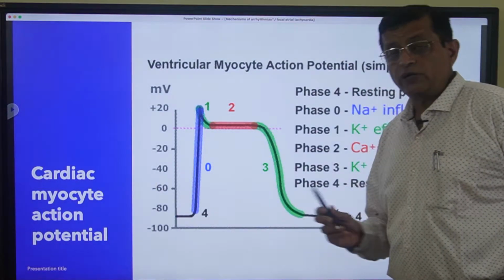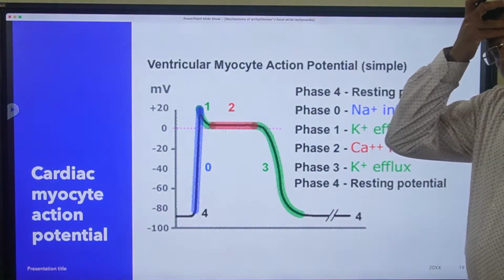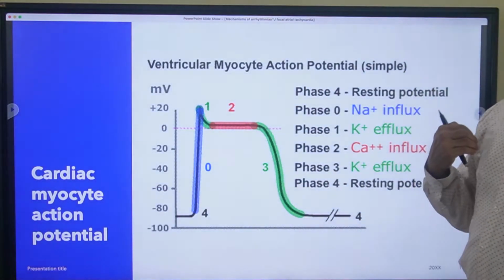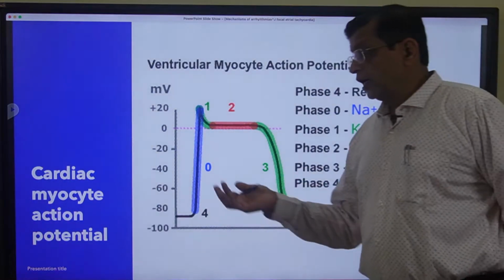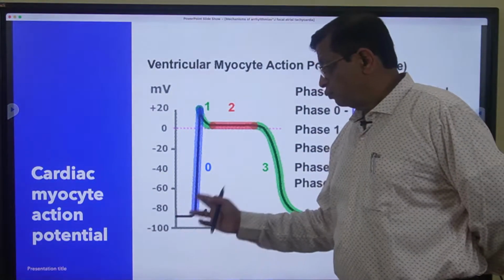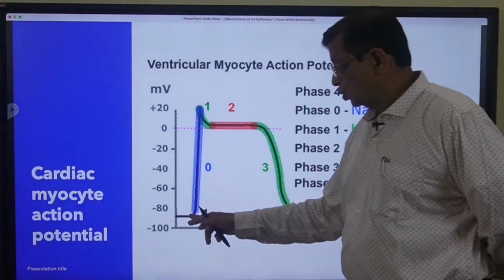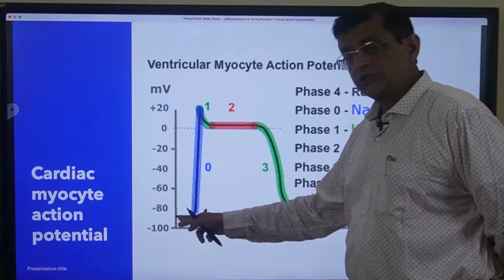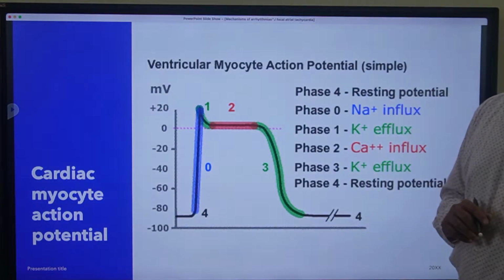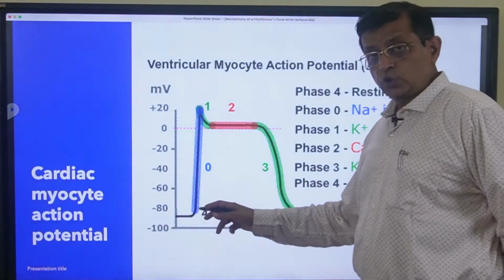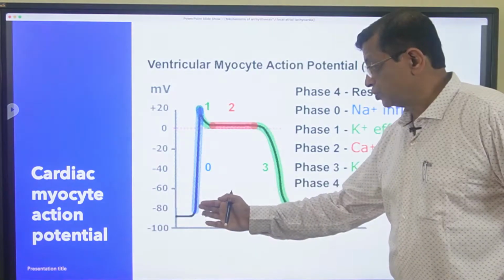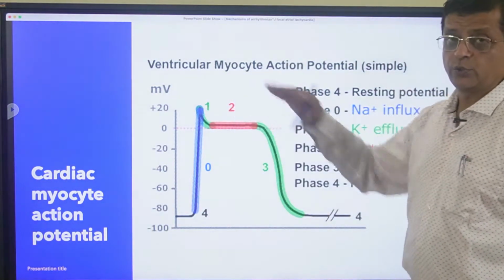And suddenly the sodium channel opens due to an action potential arriving from the Purkinje fibers or from calcium coming out from the junctions. Slowly the membrane potential rises, and as soon as it reaches the threshold, the membrane potential normally being about -90 or -85, and the threshold say -80, the sodium channels open and a lot of sodium comes inside, causing the membrane potential to rise from -85 to +20.